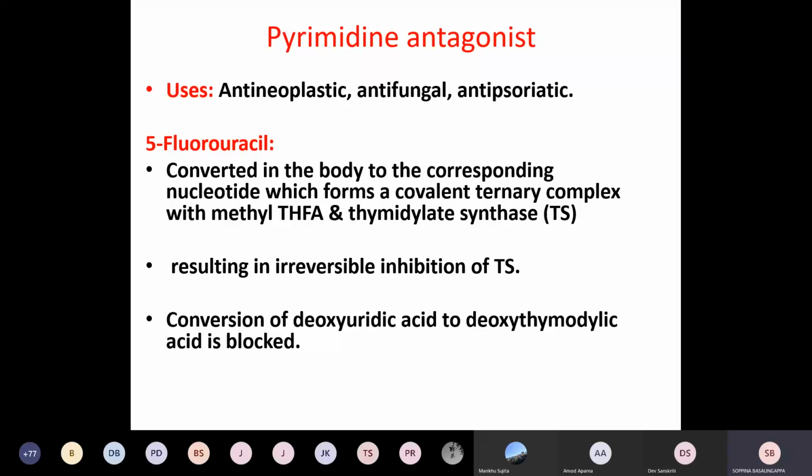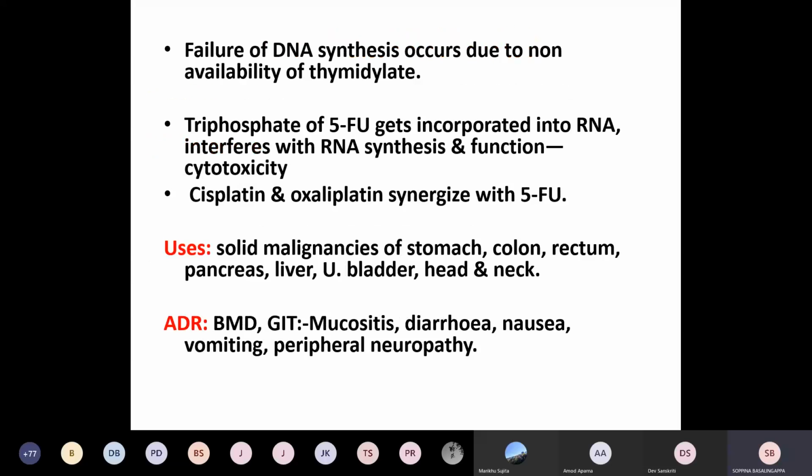So conversion of deoxyuridylic acid to deoxythymidylate is blocked. There is failure of DNA synthesis due to non-availability of thymidylate. 5-fluorouracil is also incorporated into RNA, interfering with RNA synthesis and function.